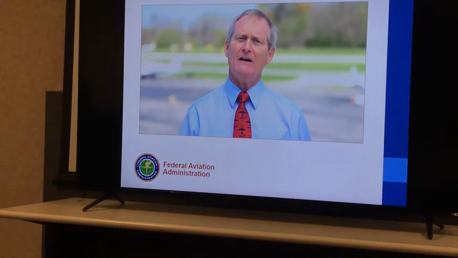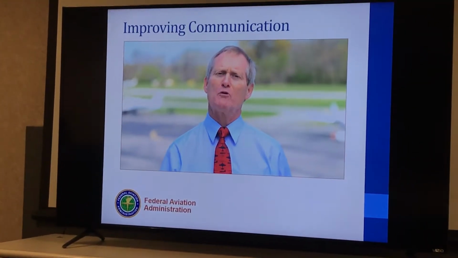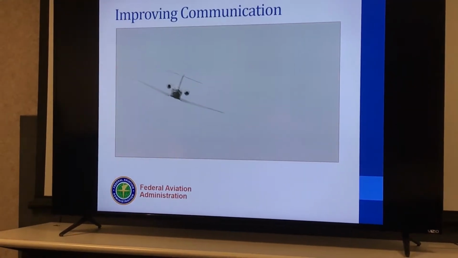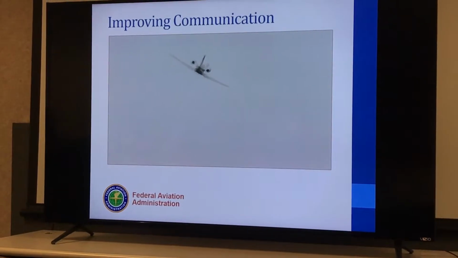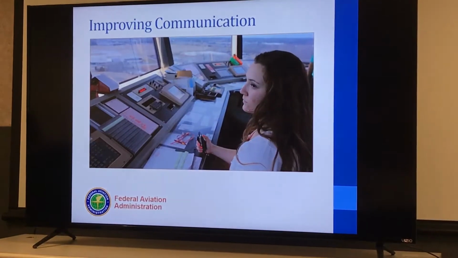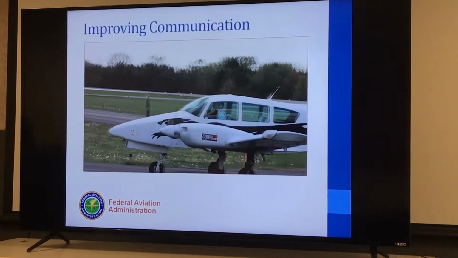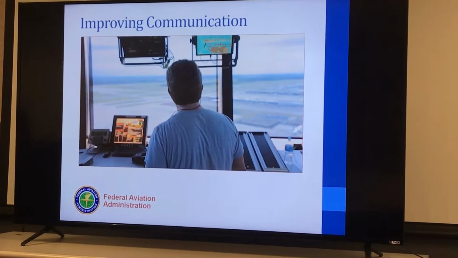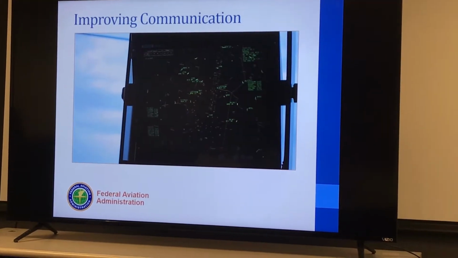When we look at the data, we see that one of the areas we need to improve on the most is communication. When it comes to fixing communication errors, there are a few easy practices we can use. First, remember, ATC is there for you. If you are ever uncertain, don't hesitate to ask ATC to clarify an instruction or a clearance.